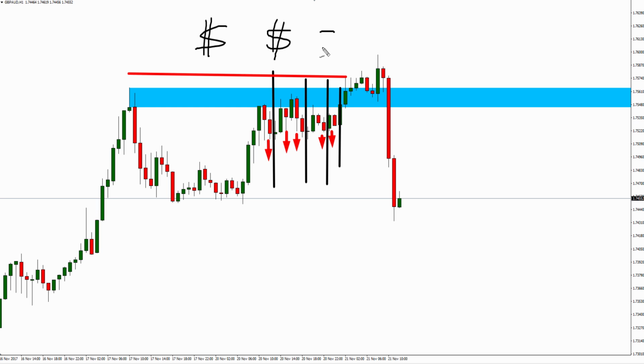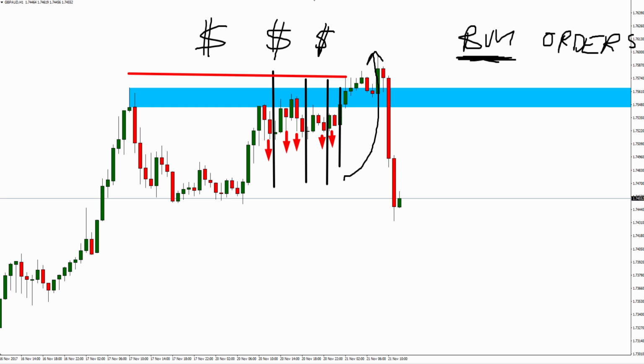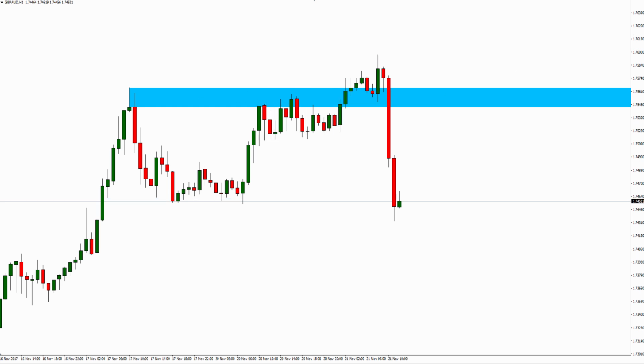And if you're a seller, those are buy orders, just sitting above that level. Now as price goes up through the level, those stops get triggered and that buy-in occurs, right? So this is a forced liquidation event, meaning those sellers at the level who were believing that price was going to follow through are now being stopped out as price breaks up through the level.